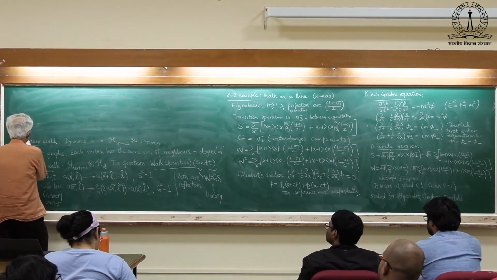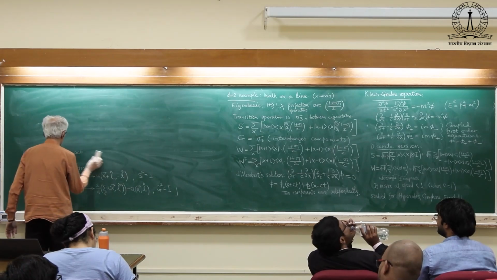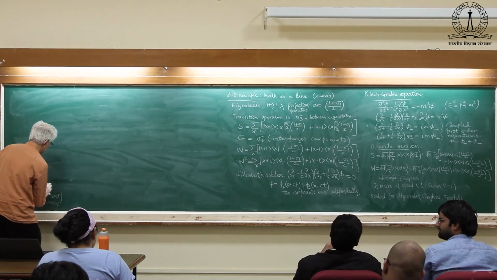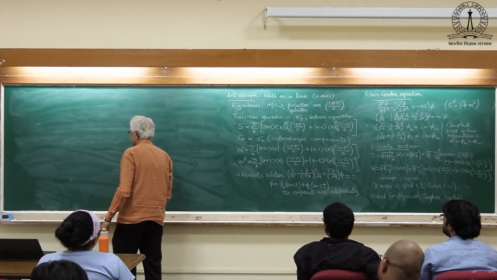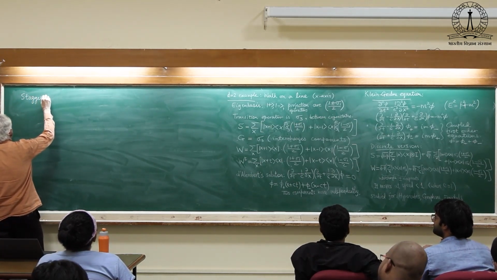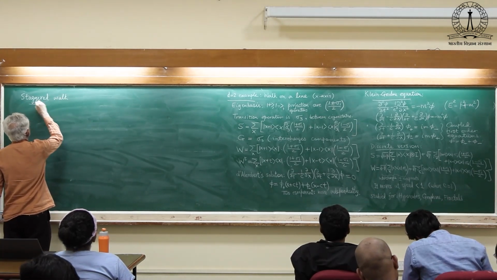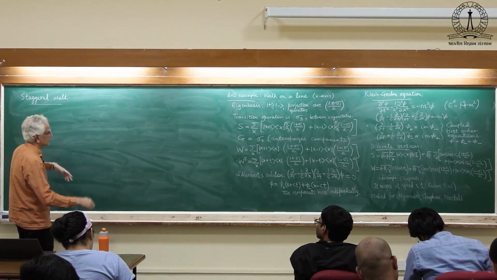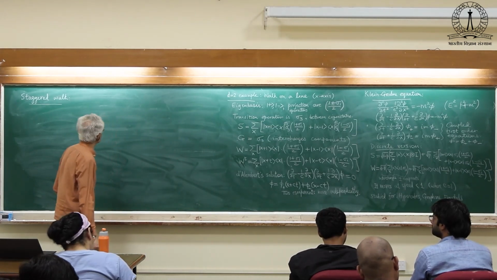So let me just define it explicitly for the one-dimensional case, which is this example of d equal to 2, but it is more generally constructed in a language which alternates between these positive steps and negative steps, and it is called the staggered walk.